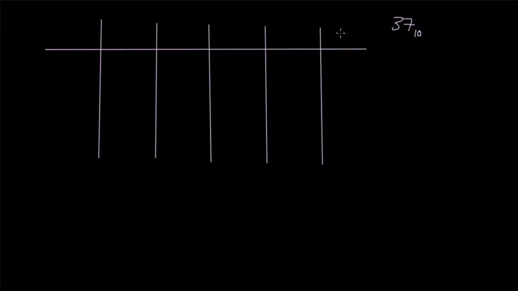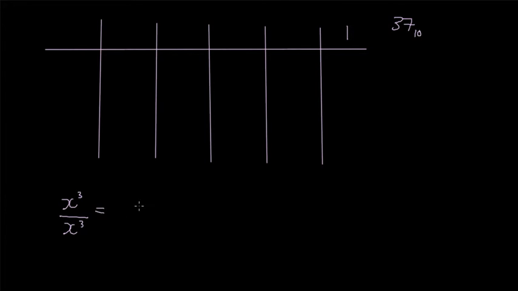Okay, so with any number system, the first column is the units, because that is the base to the power 0. Anything to the power 0 is 1. If you wanted to know why, say you've got x cubed divided by x cubed.